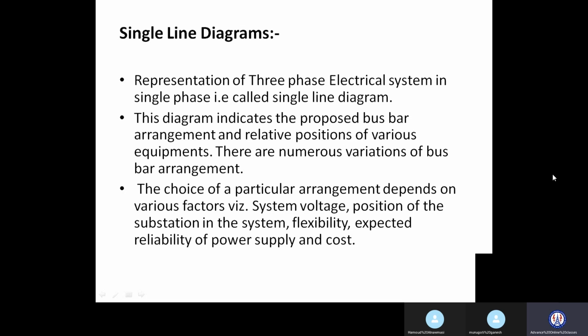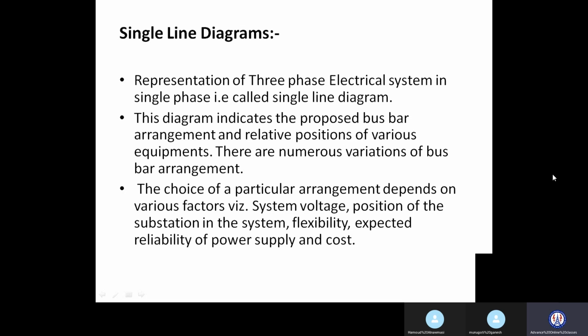Once you see the single line diagram of any electrical system, you have a clear picture of your electrical network: at what voltage level your system is working, how much power is flowing, how many feeders there are, and what the major components are. All these details you get from a single line diagram.